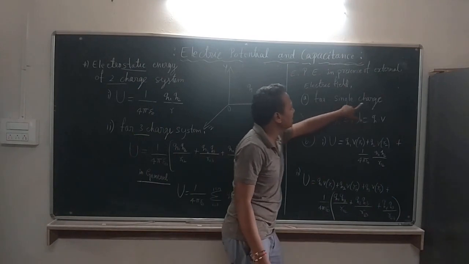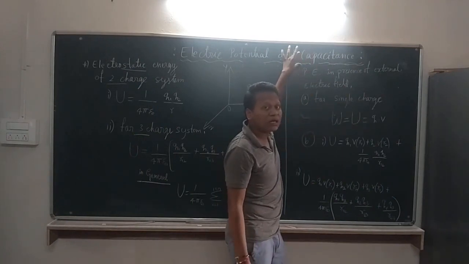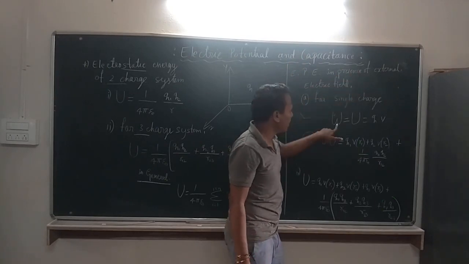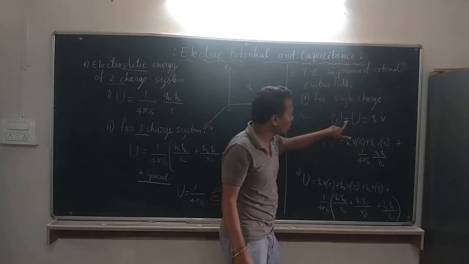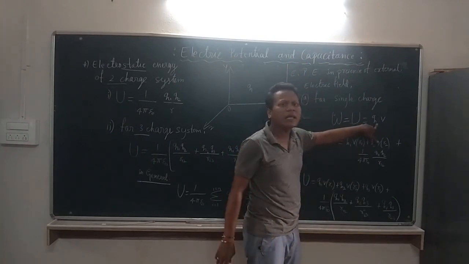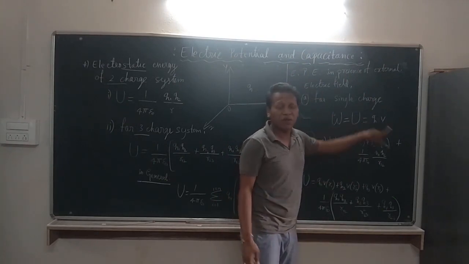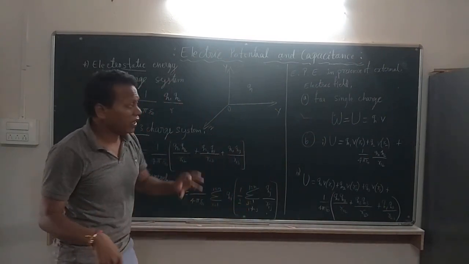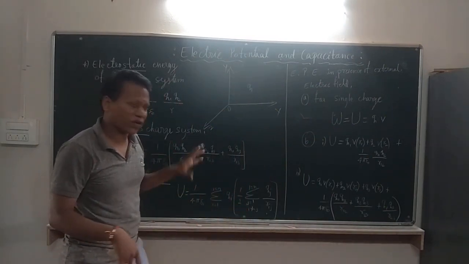For a single charge, what could be the electric potential energy in the presence of an external field? As we know, the amount of work done is equal to energy U. Just to define electric potential energy, what do we mean by it? It is the amount of work done in bringing a unit positive charge, right?